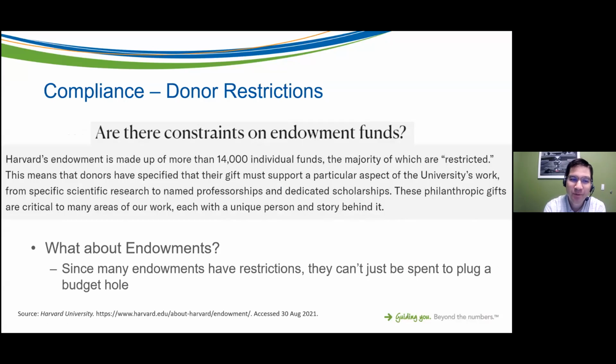Yes, they have more than 14,000 individual funds, the majority of which are restricted. This means that the donors have specified that their gift must support a particular aspect of the university's work, aka purpose restricted, from scientific research to named professorships and dedicated scholarships. So they have had alumni or other philanthropists donate to them, set up a scholarship fund in their name, and there it is in the endowment.